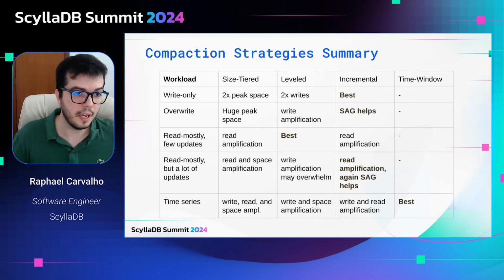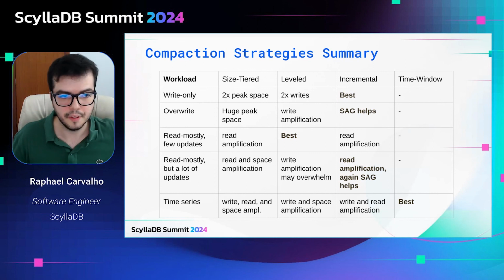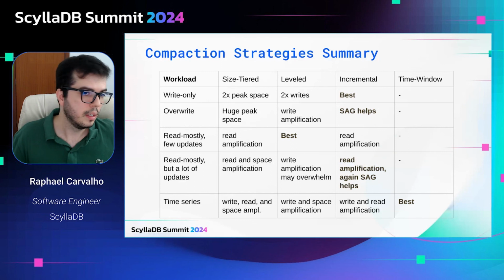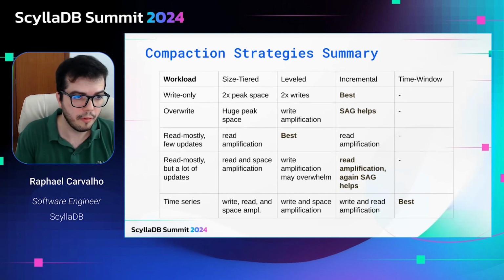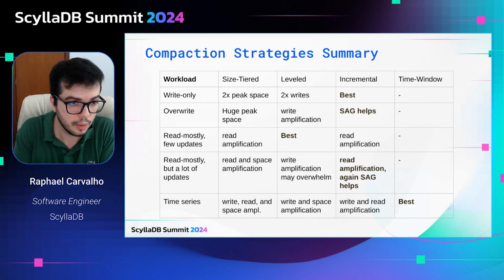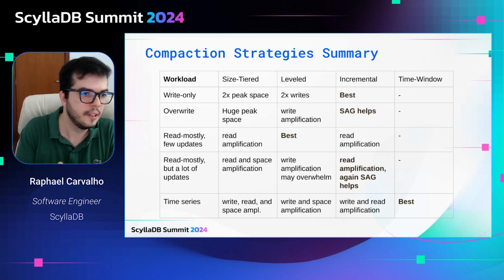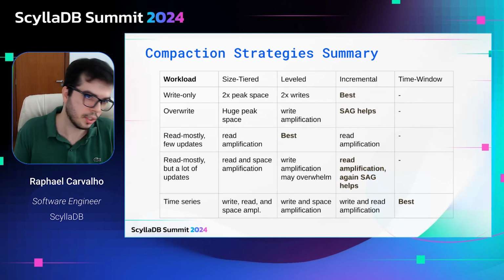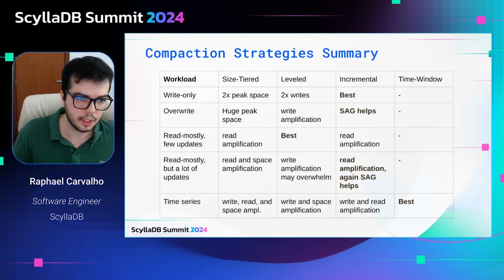But the space amplification is definitely better because it doesn't suffer from the space amplification issue. It gained the space amplification goal feature that helps with overwrite-intensive workloads. If you have read-mostly and few updates, leveled is still the best choice.